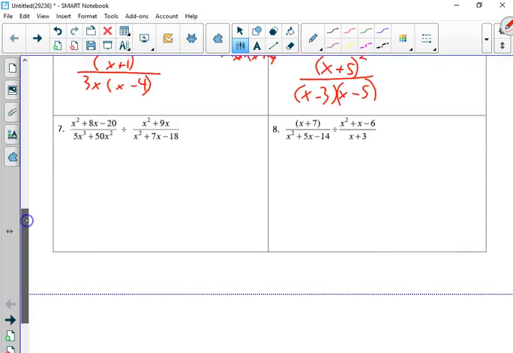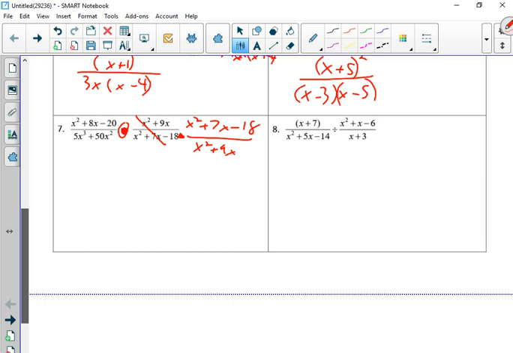Number 7. Now, notice division. So I'm going to rewrite this as x squared plus 7x minus 18 over x squared plus 9x when I change this to multiplication. So I can think about multiplying by that. Now I'm going to factor.